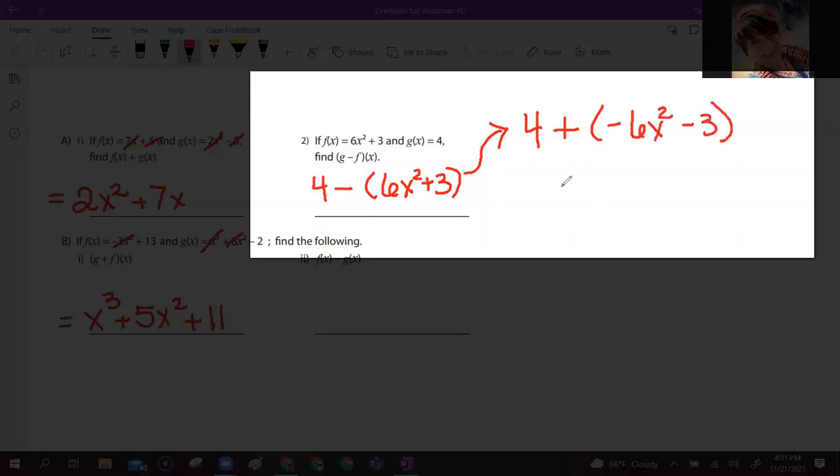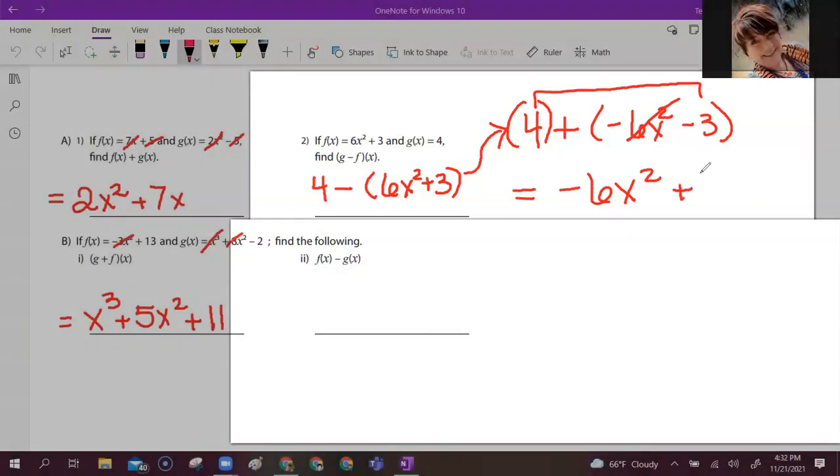So now I'm in a situation where I am just adding two functions together. So the final answer is a negative 6x squared. That one's gone. I put my 4 and negative 3 together, and that gives me positive 1.